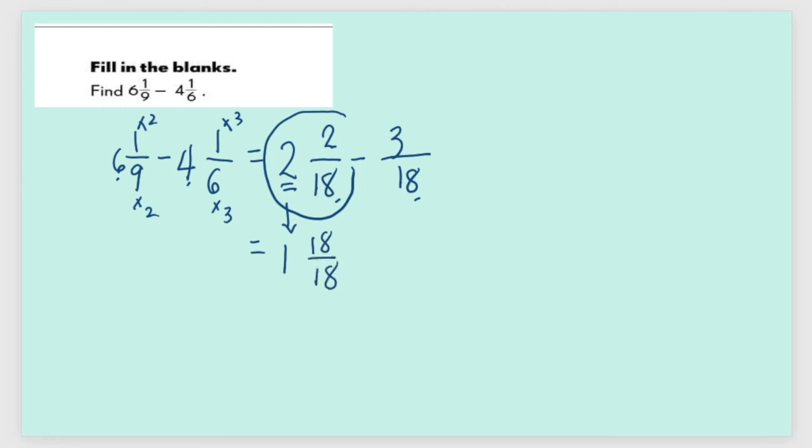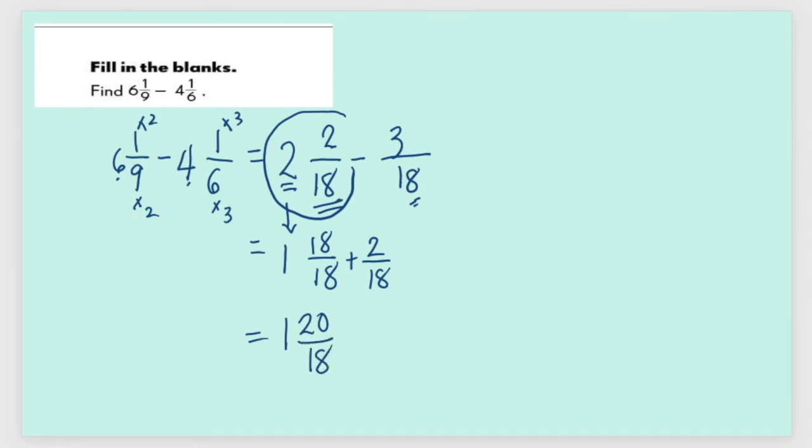Remember, I have to match it with the second fraction here so that it's easier for us to subtract this fraction from our mixed number. We have just renamed 2, so let's add the remaining fraction here, 2 over 18. So we have 1, and 18 plus 2 is 20 over 18.